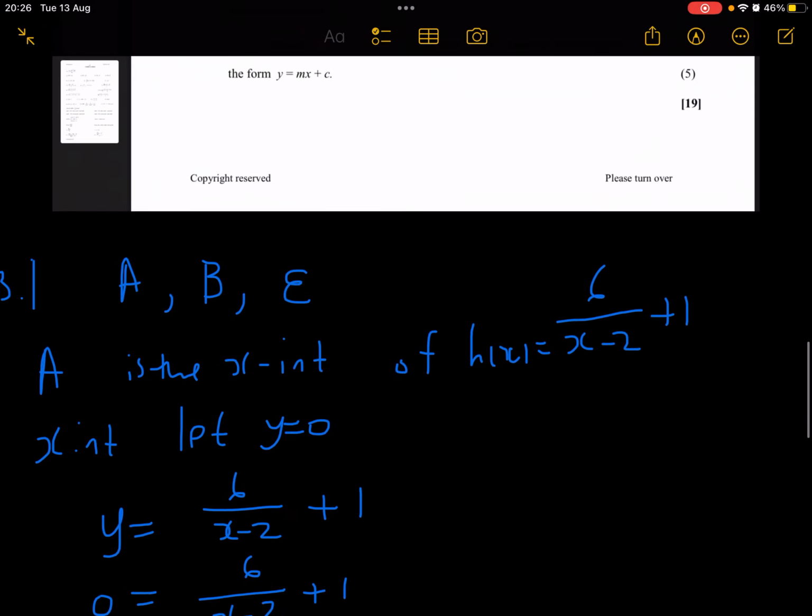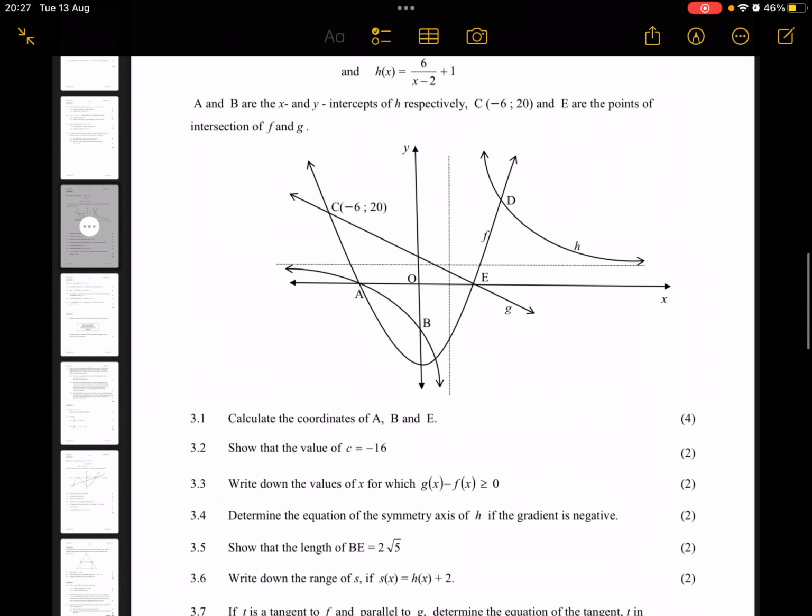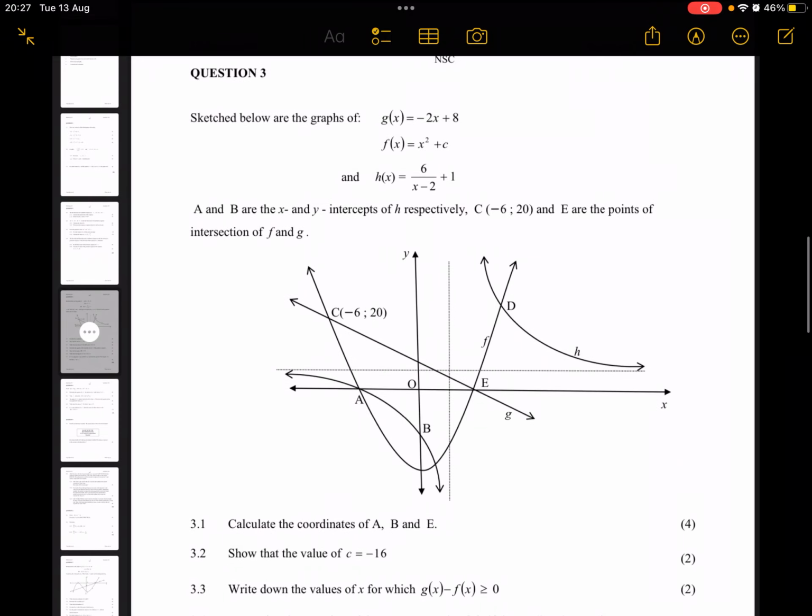Now we look at E. E is where both g and f meet, but we cannot use f because f has an unknown, so it won't be easy for us.